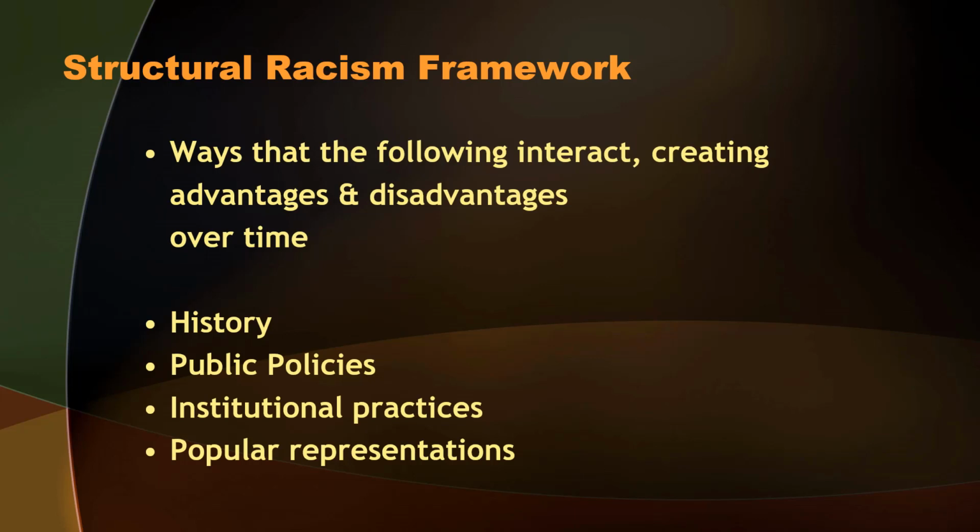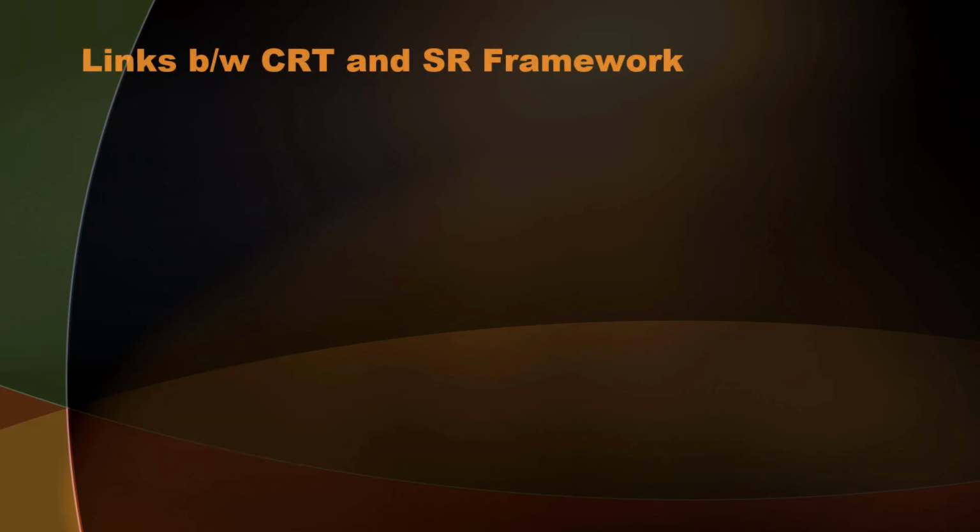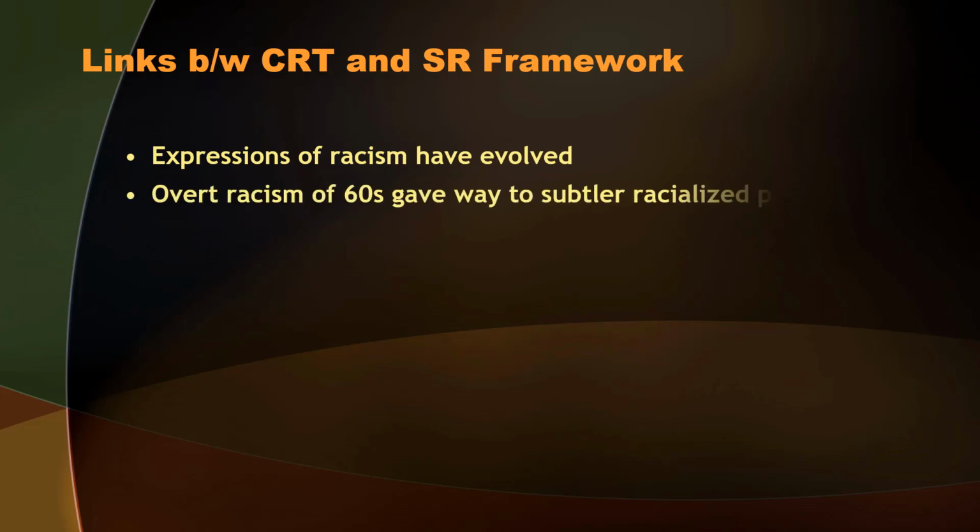The structural racism framework and critical race theory really go hand in hand, and in fact, there's overlap there. So both are concerned with how expressions of racism have evolved over time. For example, the overt racism of the 60s gave way to subtler, more racialized patterns that were in the form of covert racism.